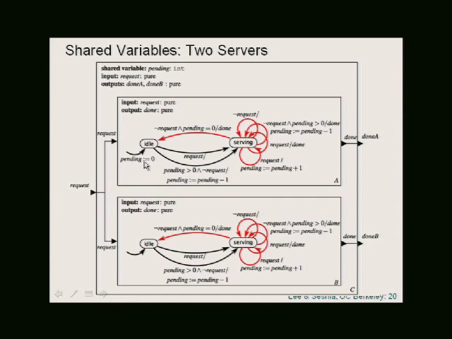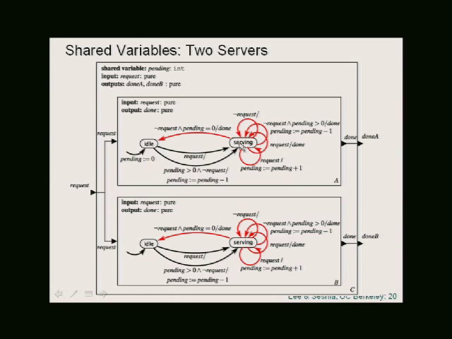Okay. So what happens in the serving state is, it's possible that when you're serving a request, you might get a different request. So you have to keep track of that. In this case, we're assuming all requests are identical, right? So we only have to keep track of the number of pending requests and not the details of the requests. So here we just increment the count pending and go back to serving the current request.